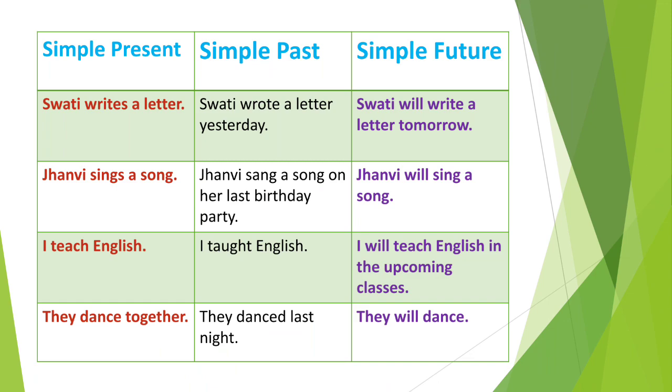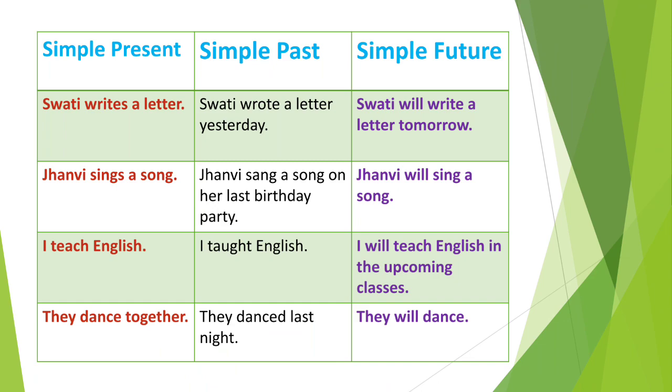Like Swati writes a letter in present tense. If I want to convert this into past tense, I can say Swati wrote a letter. And for future tense, I will use Swati will write a letter. Janvi sings a song in simple present tense, in simple past tense Janvi sang a song, and for future tense, Janvi will sing a song.